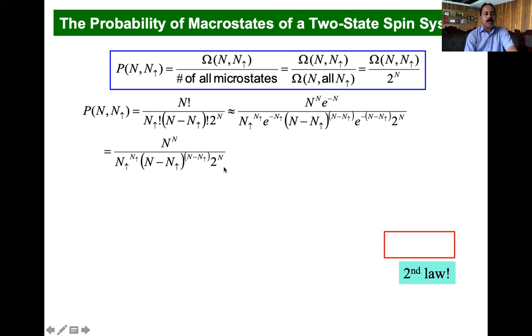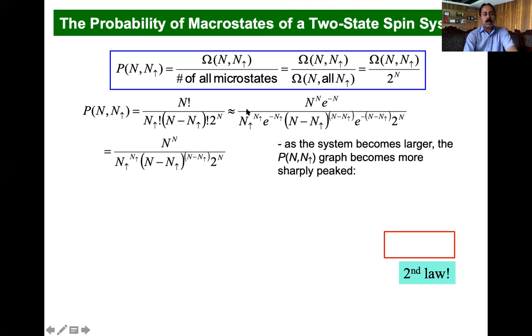So the probability is the number of microstates corresponding to this n up number of spins, out of the total number of all microstates.